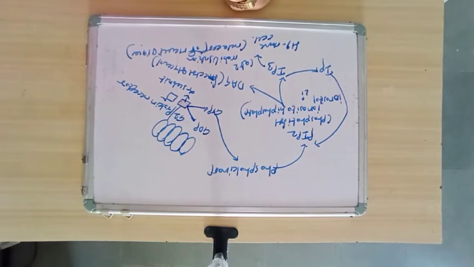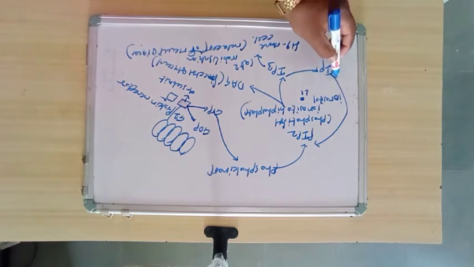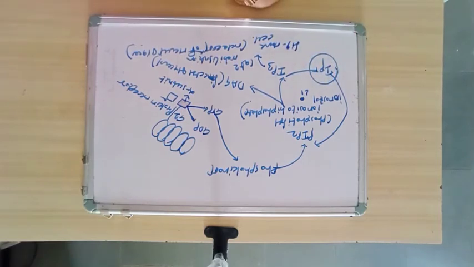So the lithium inhibits the formation of inositol monophosphate. So no doubt this lithium will stop the formation of this inositol monophosphate, and due to this the inositol monophosphate is not involved in the further cycle to produce PIP2.